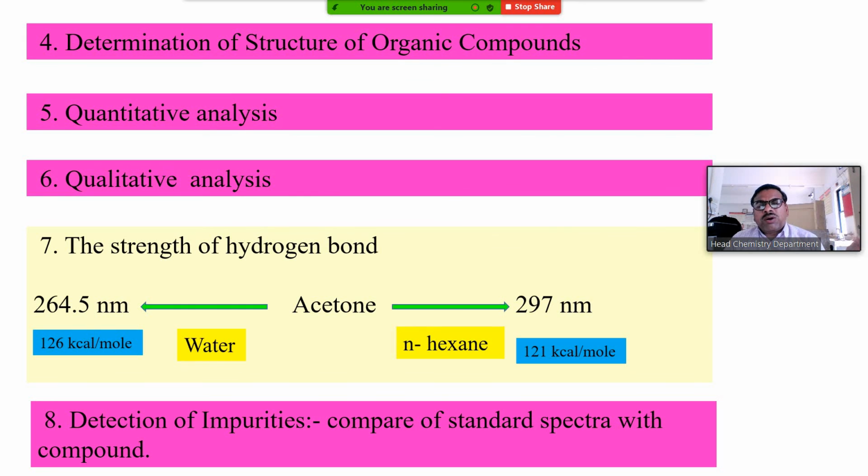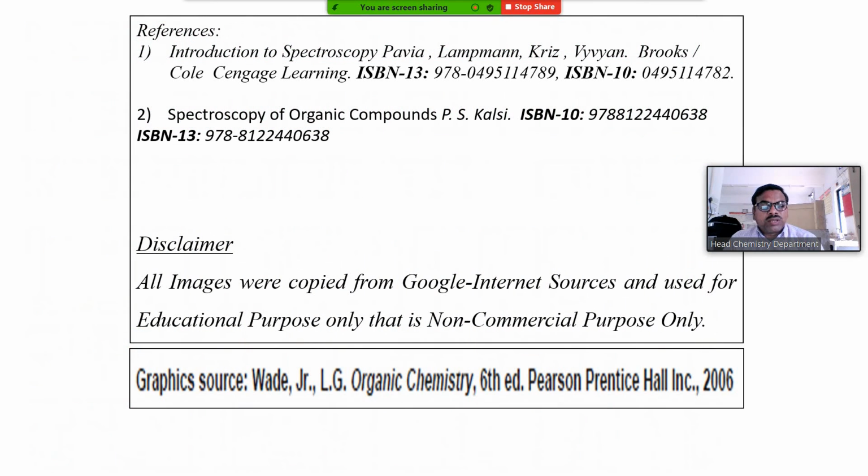Suppose if you add water molecules, you will get hydrogen bonding, and due to the hydrogen bonding, the energy will be increased and lambda max is going to decrease. So that kind of thing you can detect, whether the given organic compound contains impurities or not. If it does not have impurity, definitely you will get the standard peak of the UV spectrum at a particular lambda max. And if impurity is added, definitely that lambda max is going to increase or decrease depending upon the type of impurity that you added. And with this we have finished this topic with the application of UV spectroscopy.